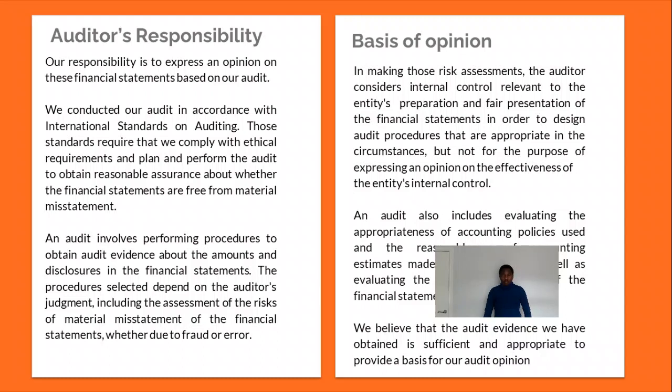ISA 700 on unqualified and modified audit reports is about forming an opinion as to the fairness or fair view of the reports they presented to the shareholder. So based on our work done, and what's at the basis of our opinion is our work done.